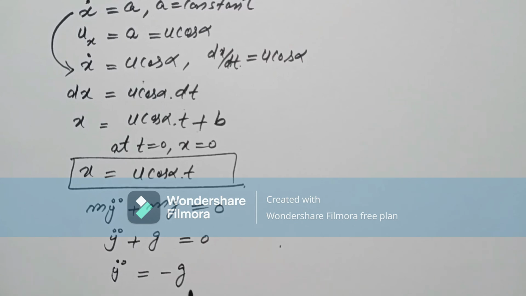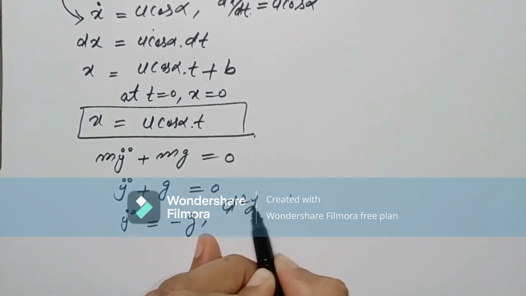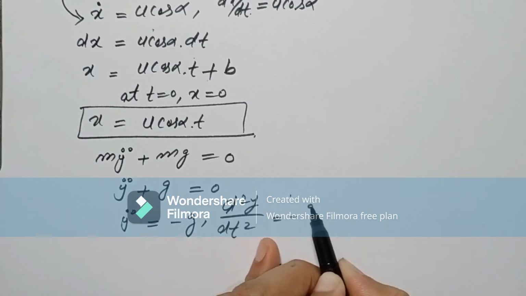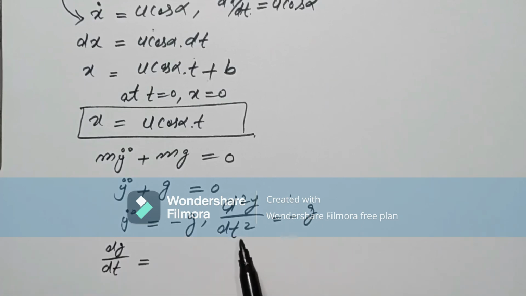We will integrate this equation twice to find y. Integrating once, d2y over dt square equals minus g, so dy over dt equals minus gt plus c. C is the constant of integration.